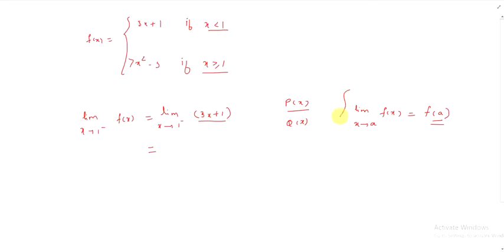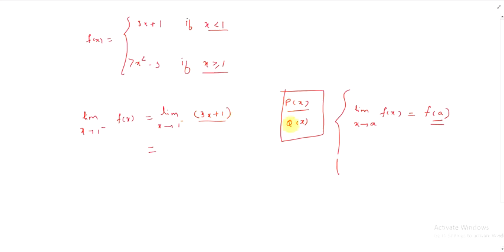Remember this one: that form is the rational form. The function is not of rational type. Therefore here we have to consider only this function.